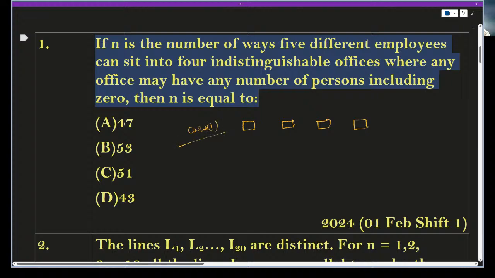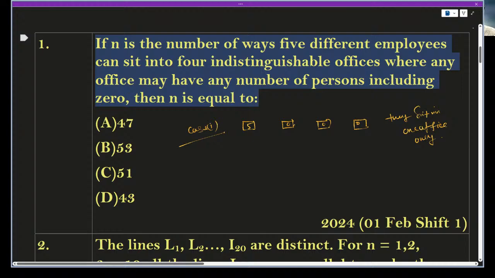Just 5 people are sitting, there is no restriction. They all are good friends, they will be sitting here. So in this case, what you discuss is when they sit in one office only.